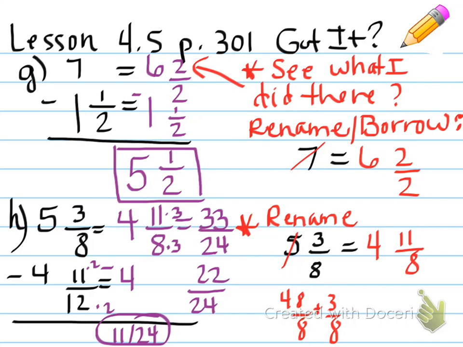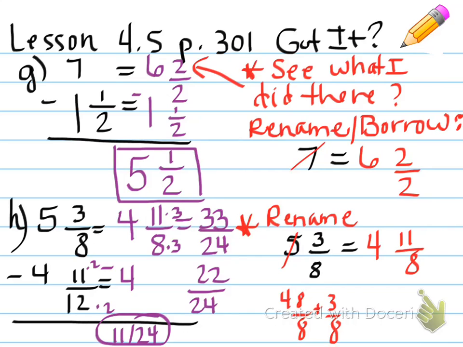I'm showing you what I did, and crossing out the 7, making it a 6, and again 2 over 2 is 1, and 6 plus 1 together make 7, so it's just rewritten, and the way I rewrote it using 2 as the denominator helps me solve the fraction part.